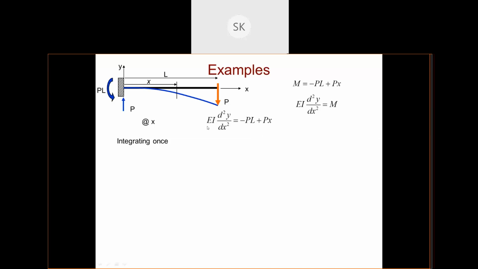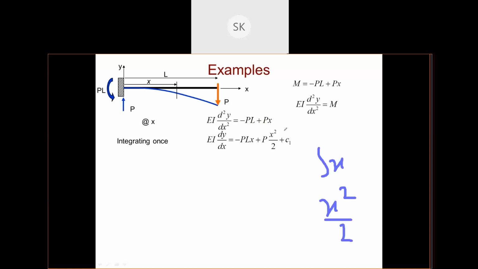Once you have this equation, you have to integrate to find the slope and deflection. So I'm integrating once. When you integrate d square y by dx square, you get dy by dx. You have to be clear with your maths also, how to do integration. When you integrate a constant, you get Px, and when you integrate a single variable, it will give you x square by 2, right?